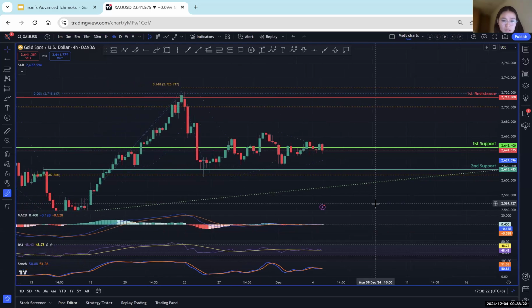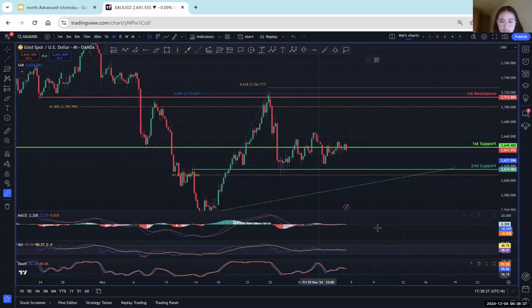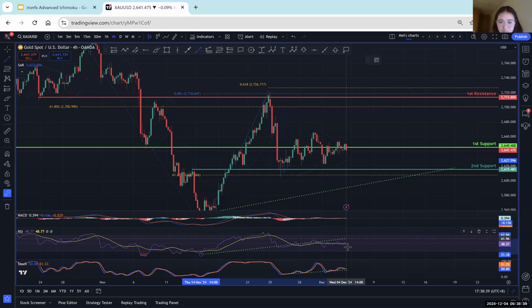RSI and stochastic. Okay, I think stochastic is giving us a bit of a bullish signal with prices moving in this ascending trend line. So that does support our analysis. As for RSI, this is not a valid trend line, so I'm gonna remove RSI.